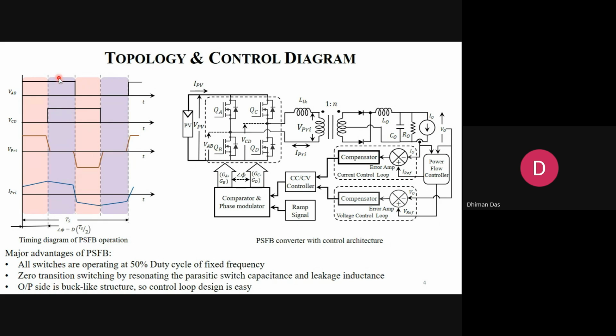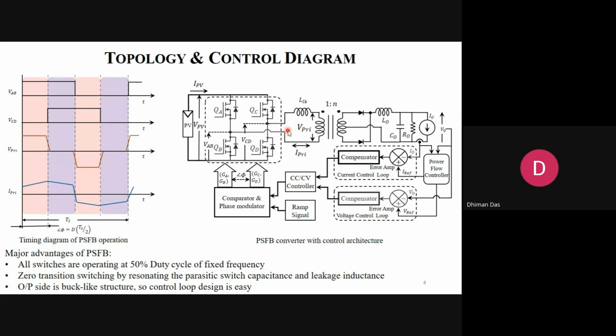The difference between these two nodes, VAB minus VCD, the common parts cancel, and the difference voltage will appear across the transformer, which is this V primary, or V bridge. Now, when a bipolar voltage appears across the transformer, the current is going to rise.